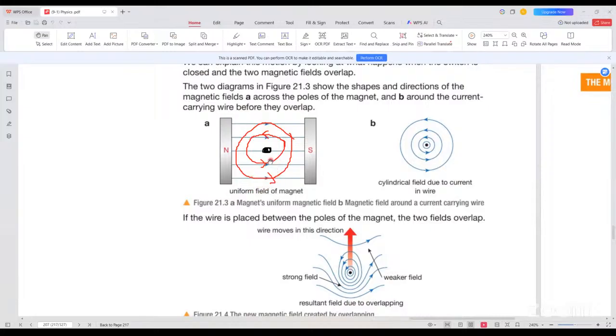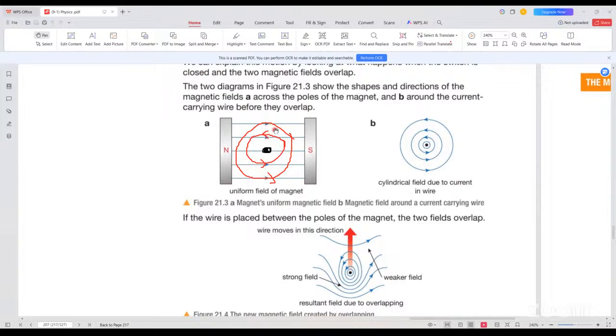the resultant magnetic field lines, right? The resultant magnetic field. So the magnetic field from the permanent magnet and the generated magnetic field from the wire both lie in the same direction, which means here you will have many magnetic field lines.